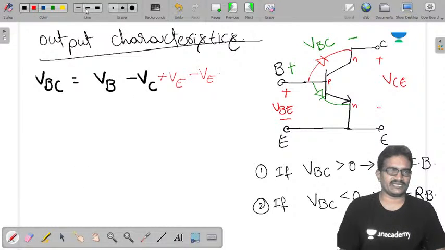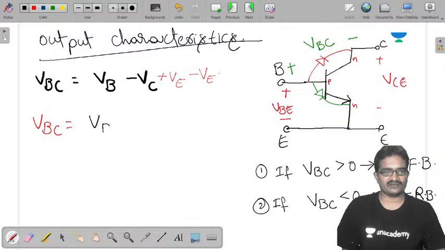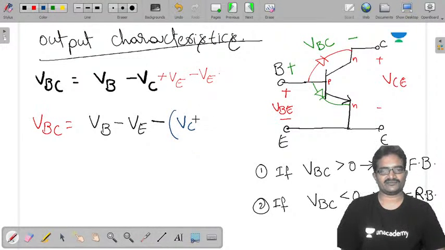Now I am writing this in a different way. VBC equals VB minus VE, this one, minus VC minus VE.